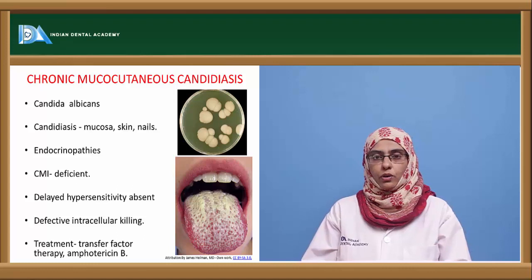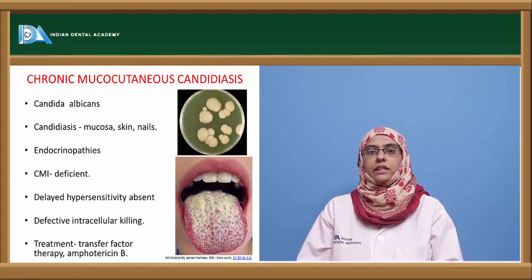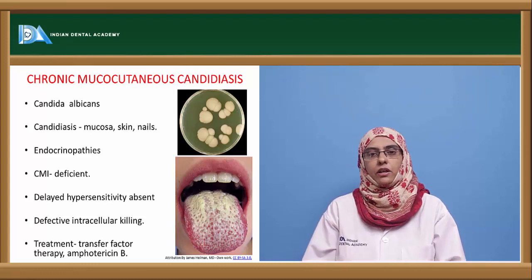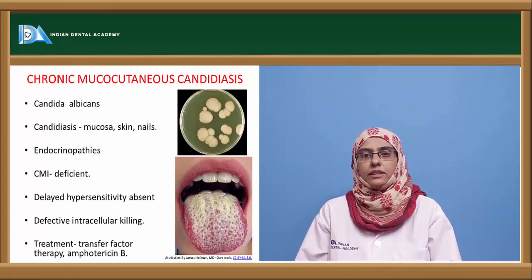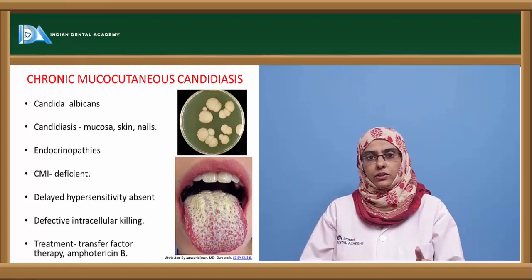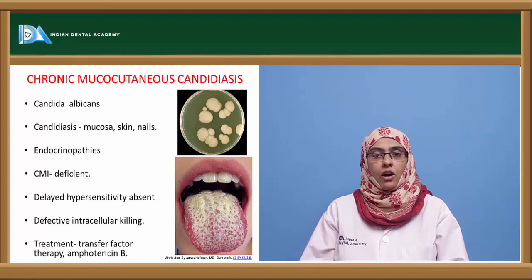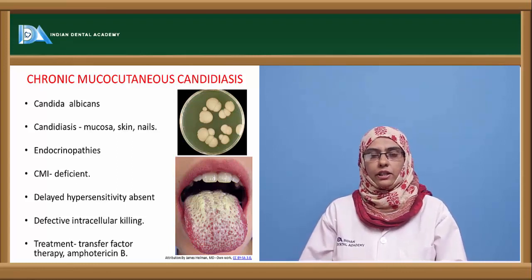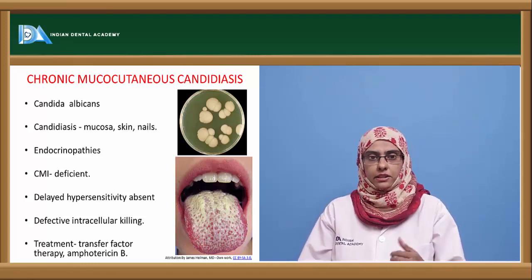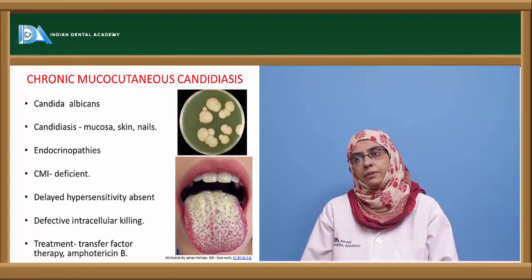Next is chronic mucocutaneous candidiasis. So there is an abnormal immune response that is directed towards this particular organism which is called Candida. Candida is a fungus, and it usually causes candidiasis of the mucous membranes, skin and the nails. Also involving the endocrinopathies, that is destruction of the endocrine glands, mostly leading to hypothyroidism or hyperthyroidism.